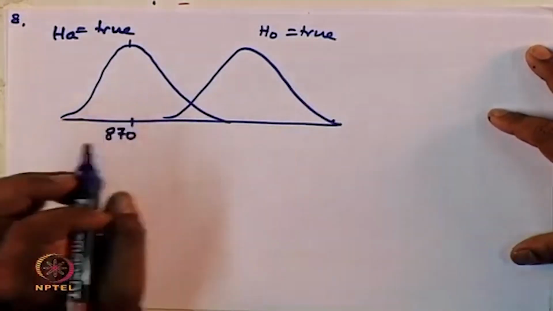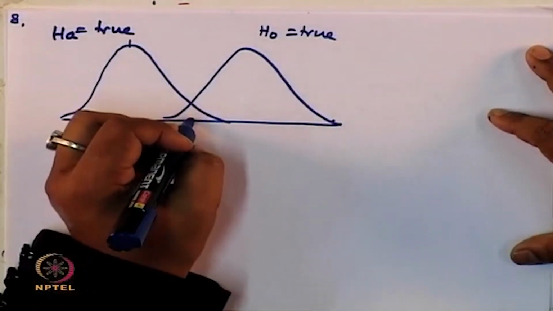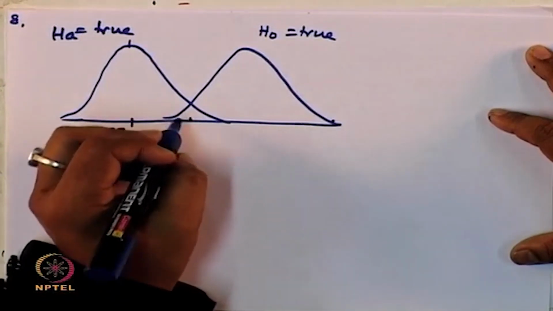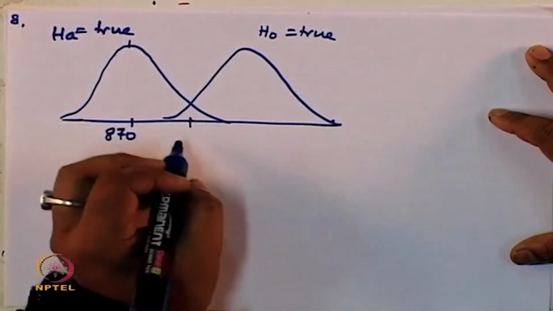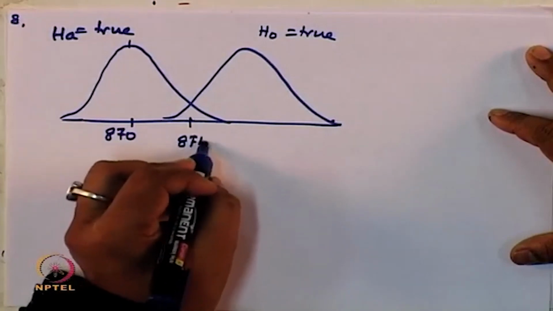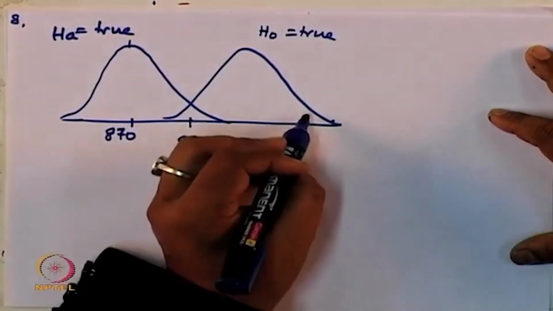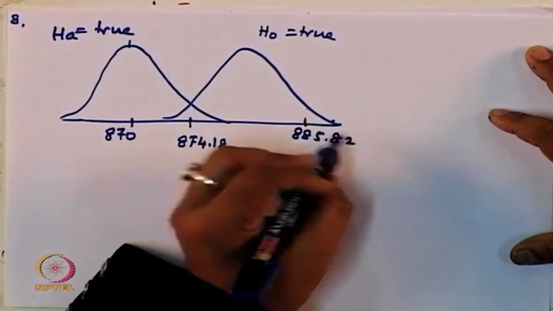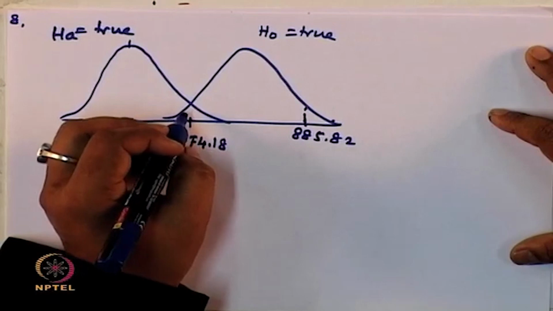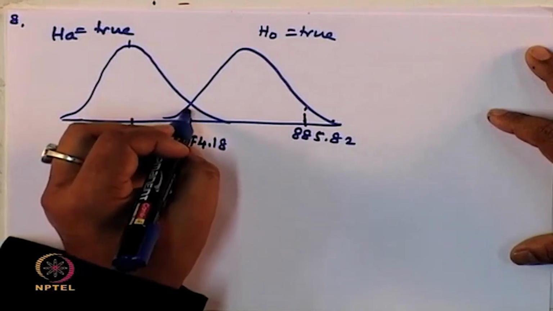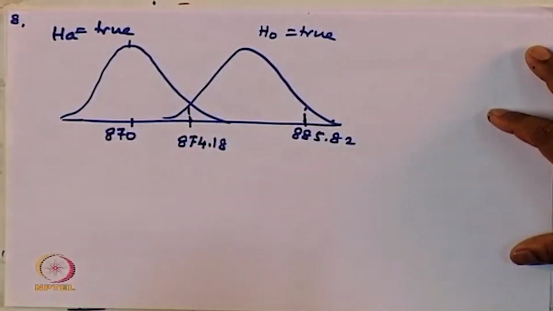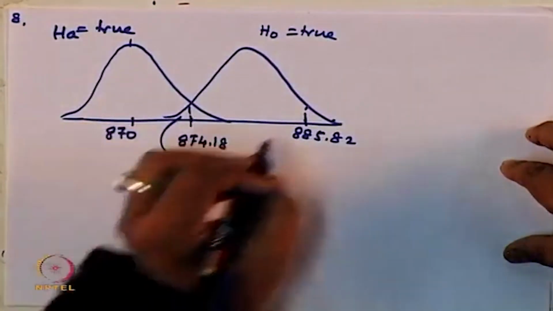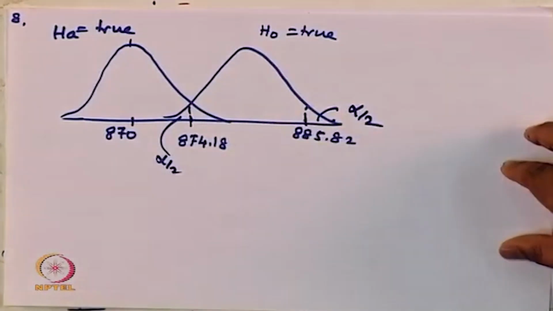What I know is my acceptance range, which I calculated as 874.18 and 885.82. This is my alpha by 2 and this area is my alpha by 2.